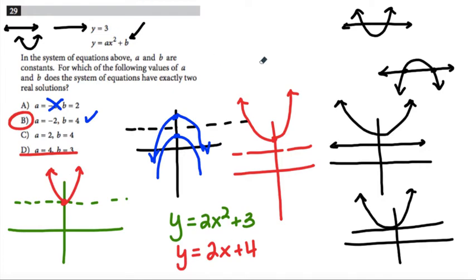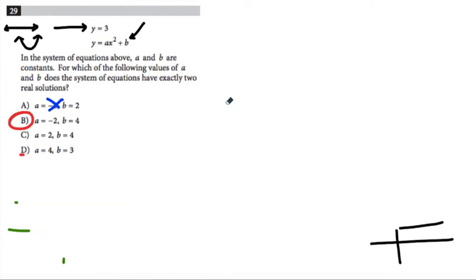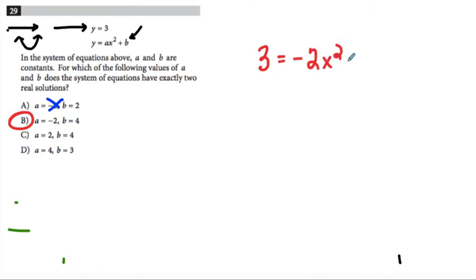Now that's one way to attack this problem. I think the more complicated way is actually to plug in the numbers and set the equations equal to each other. So a system, one of the ways to solve is using substitution. So you could physically go through each number, so negative 2x squared plus 2, and solve and see what happens.